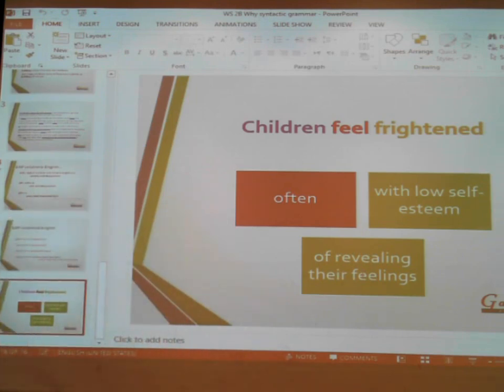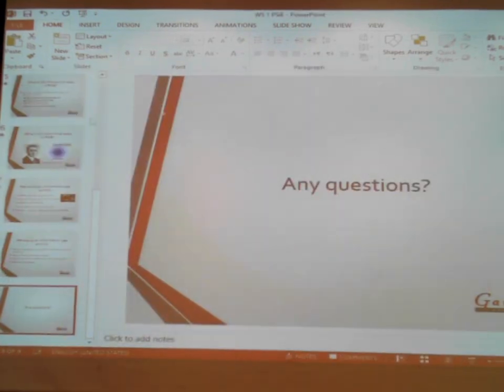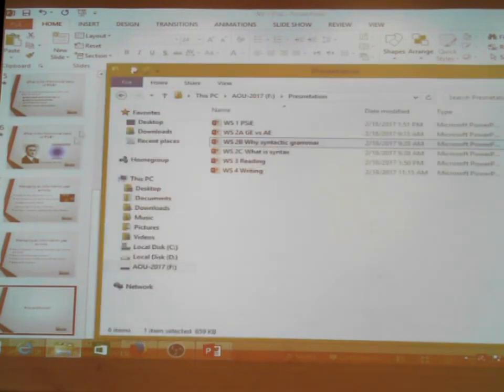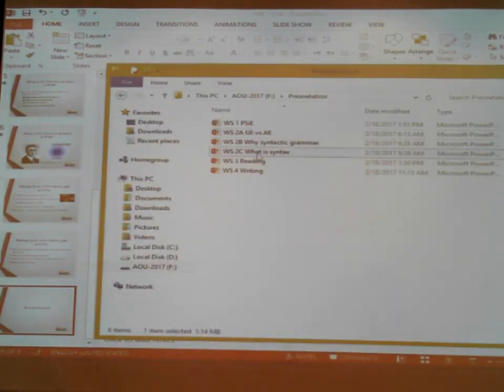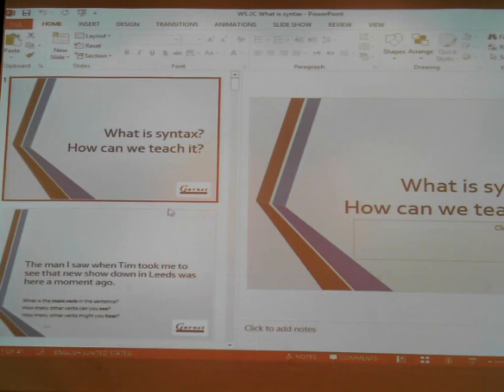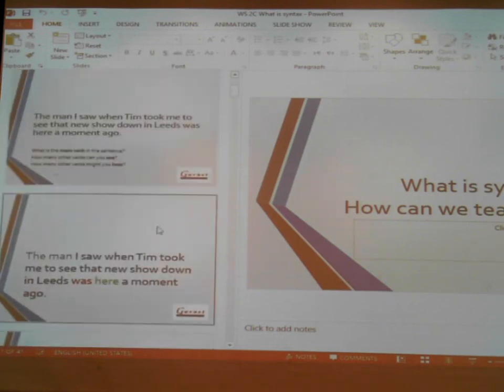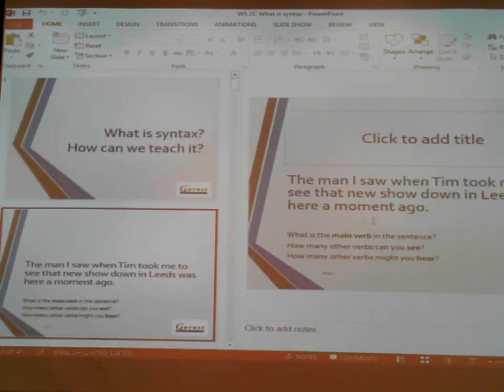Look at this. Look at this sentence. The man I saw when Tim took me to see that new showdown in Leeds was here a moment ago. Complex sentence, right or not? Where is the main verb in that sentence? Was. Exactly. Was here.